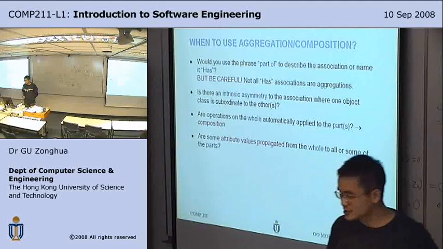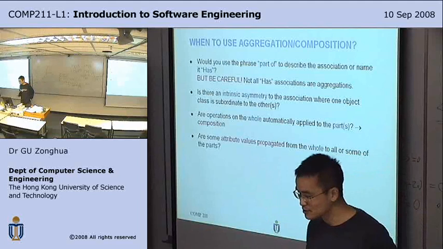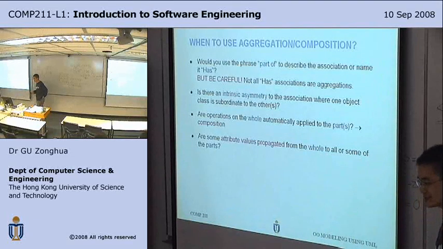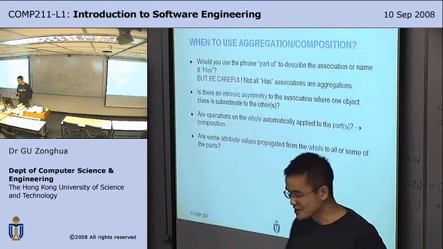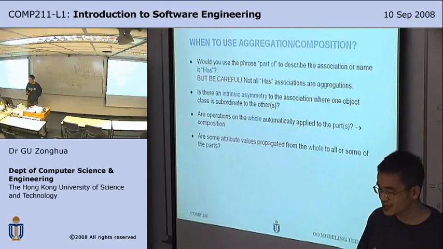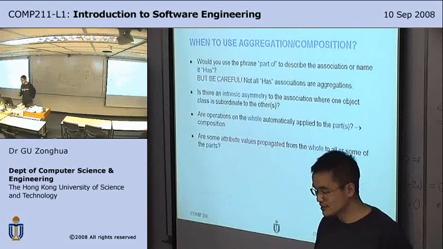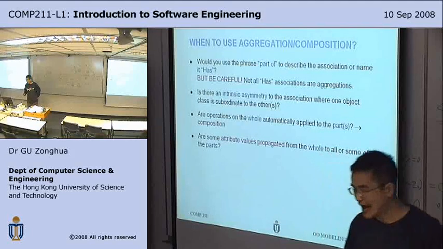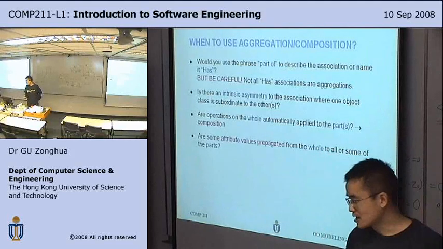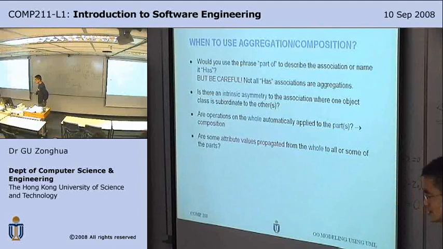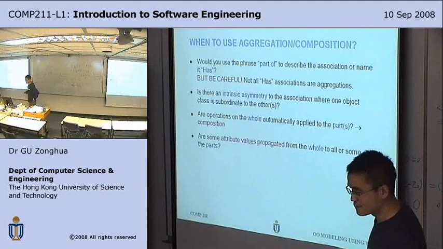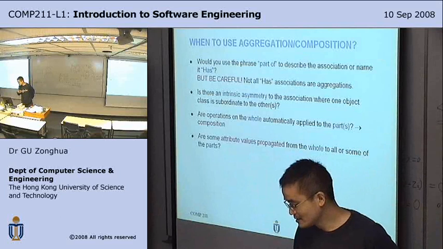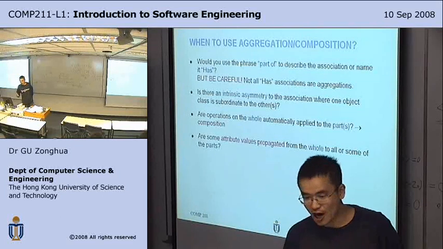So when you use aggregation and composition, the test is, would you use the phrase part of to describe the association, or name it someone has something. So not all has associations are aggregations. So for example, I have 2 arms, right?